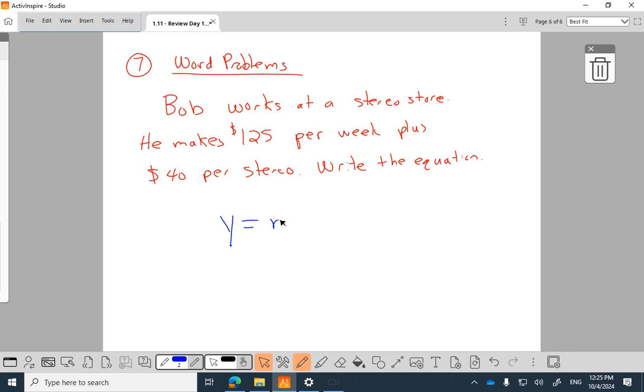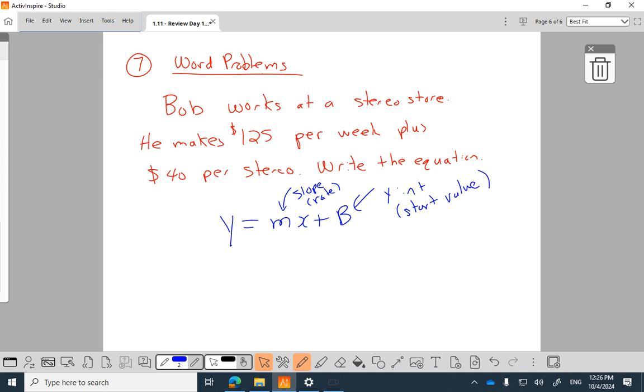So the 2 things that I'm looking for in this question are m and b. What do m and b represent? Slope and y-intercept. Now, in this question, we might need rate and start value. That's all we got to come up with.